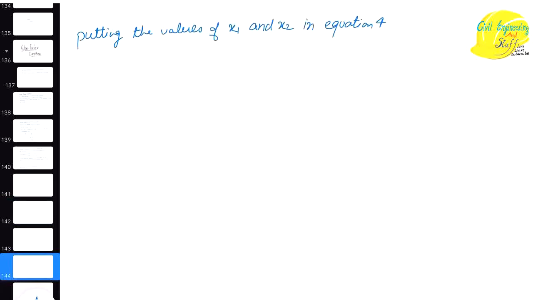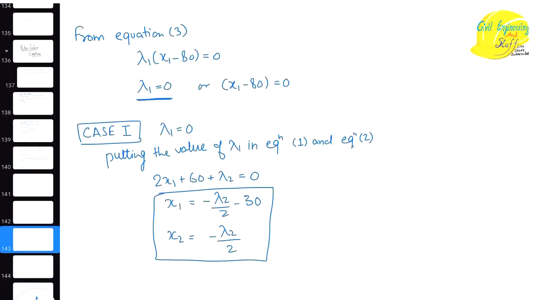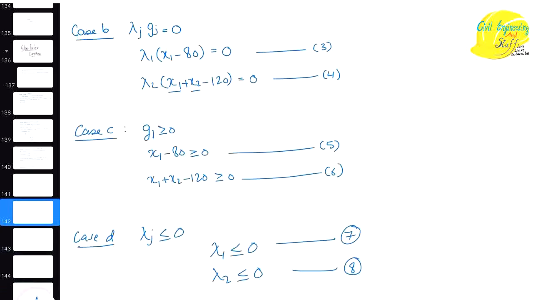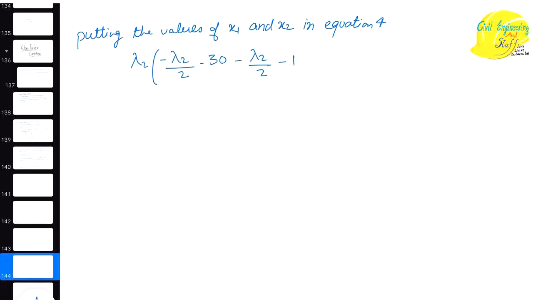Let's put the values: we have lambda 2, instead of x1 we put minus lambda 2 by 2 minus 30, and instead of x2 we put minus lambda 2 by 2, then minus 120, and this is equal to 0.